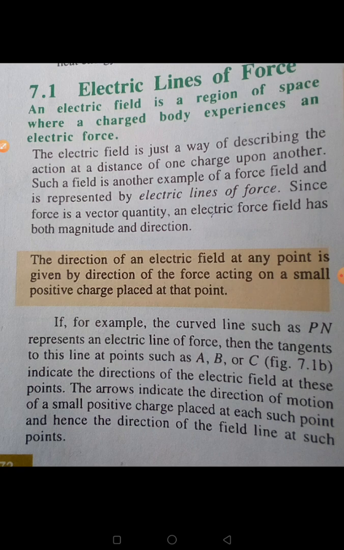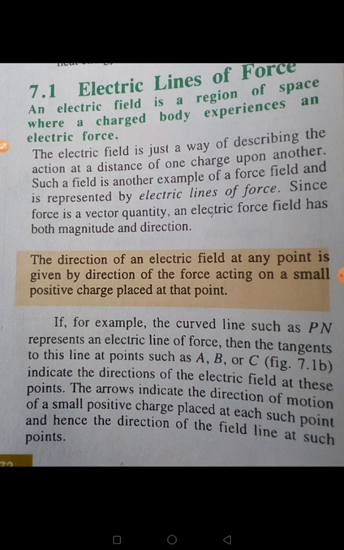So that is that. And the direction of an electric field at any point is given by the direction of what? The force acting on a small positive charge placed at that point. So the direction of an electric field is determined by what? The charge. That's what this one is saying.